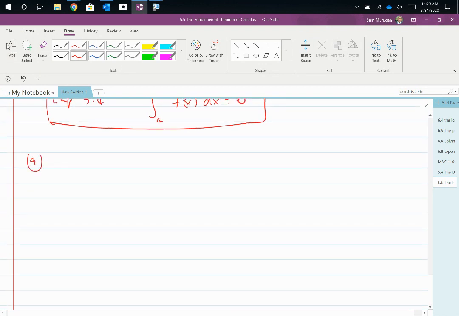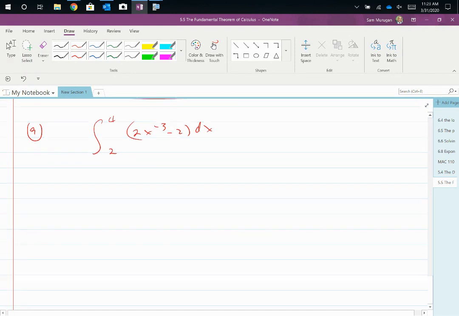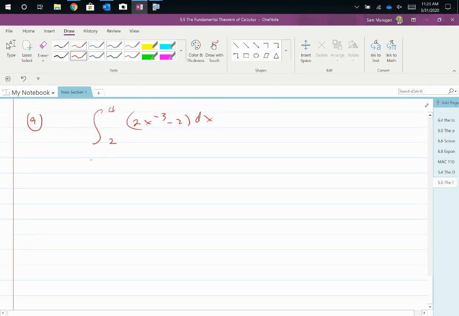Question 9. Integrating 4 to 2, 2x minus 3 to the power negative 2 dx. So integrating here, between 4 and 2, the integral is, what is it?